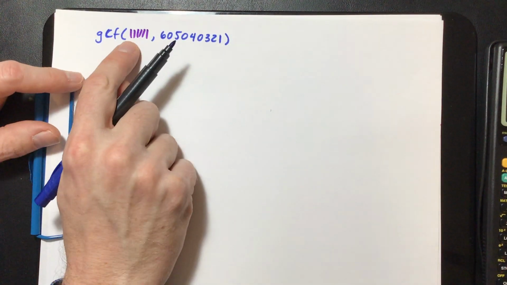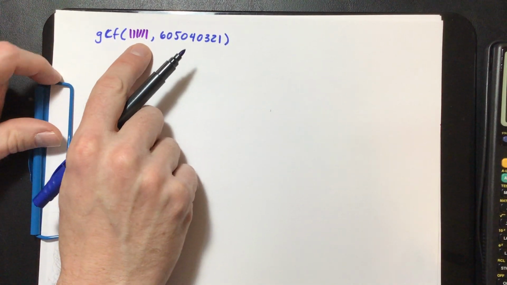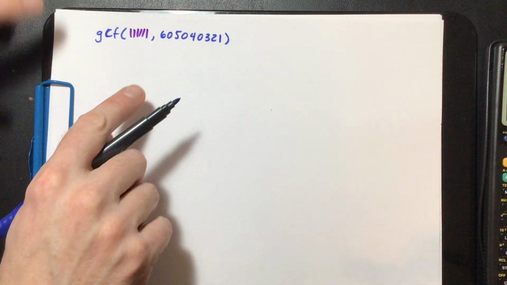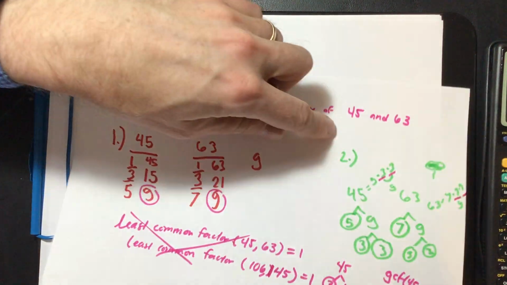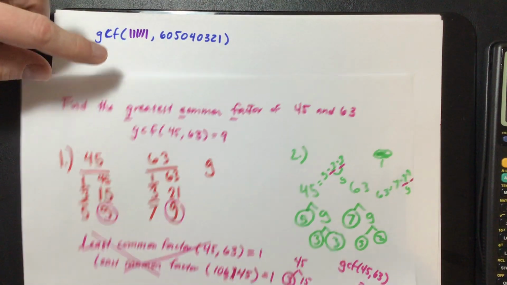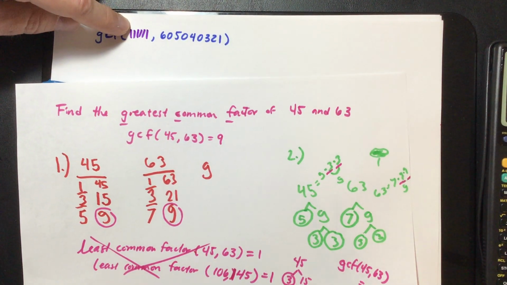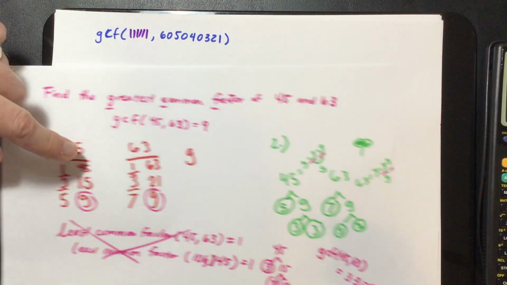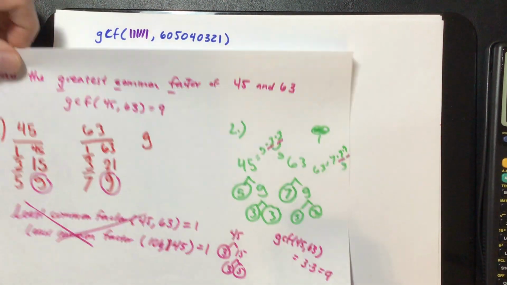605 million, and you've got 111,111. So I don't want to do way 1 or way 2 with this, even though these are really good, because these numbers are huge, and I don't want to find all the factors, and I don't even want to find all the prime factors.